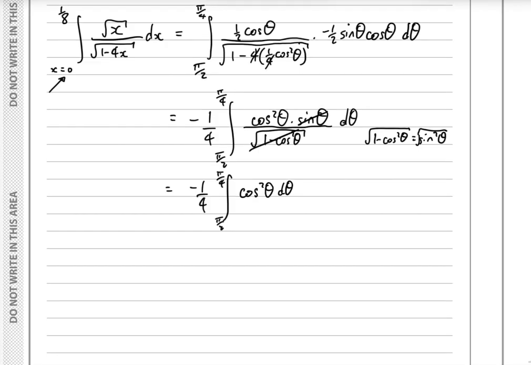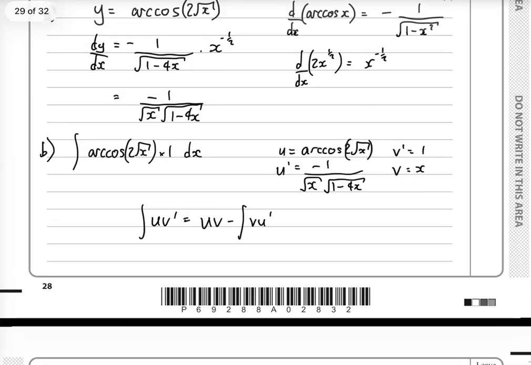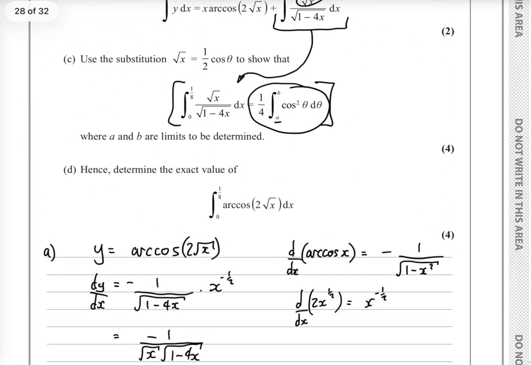So in order to make this positive, we need to flip our limits. So this is pi by 4, this is pi by 2 cos squared theta d theta. Now it looks like how it should, and we've got the lower limit on the bottom, a, and the bigger limit on b.